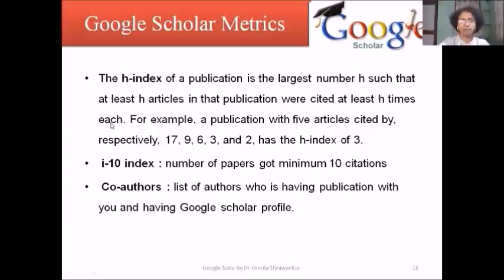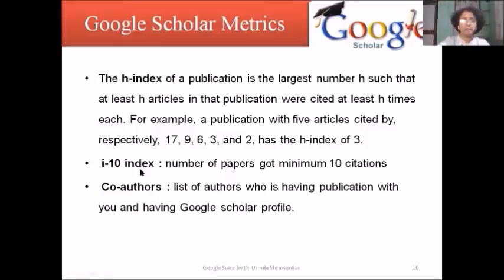For example, mine is 10, so there should be at least 10 papers having 10 or more citations. For example, for a publication with 5 articles, the H-index will be 3 because only 3 papers have more than 3 citations, namely 17, 9 and 6, and that's why the H-index is 3.